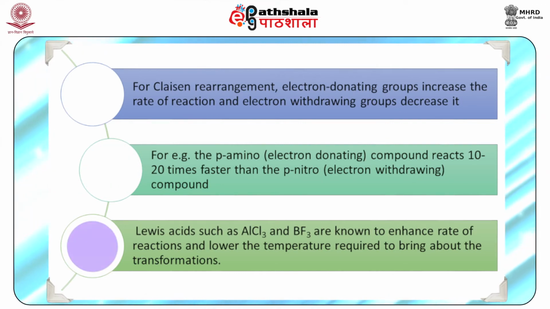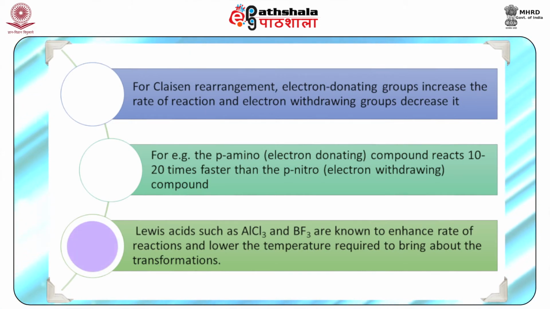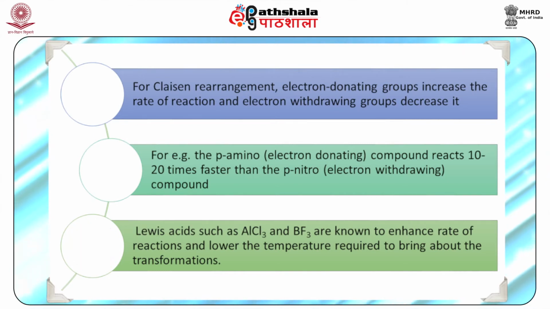Lewis acids such as AlCl3 and BF3 are known to enhance the rate of reactions and lower the temperature required to bring about the transformations.